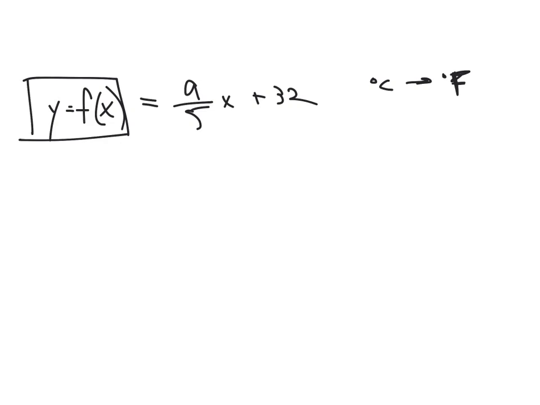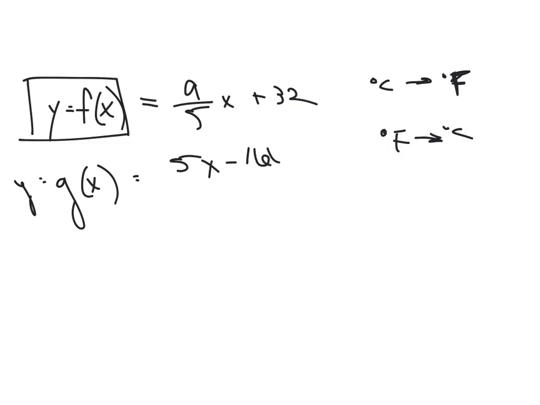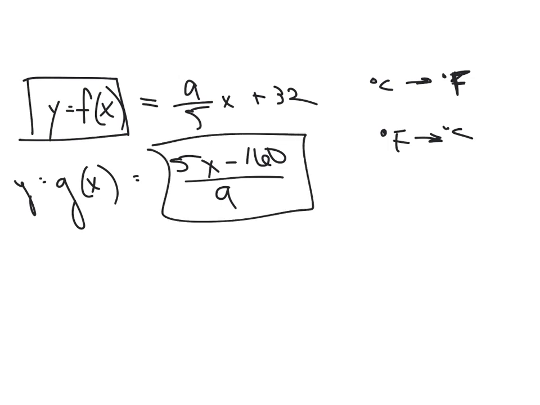Now if I want to go from degrees Fahrenheit to degrees Celsius, I use this function, which also equals y. Which means this and this are inverses.